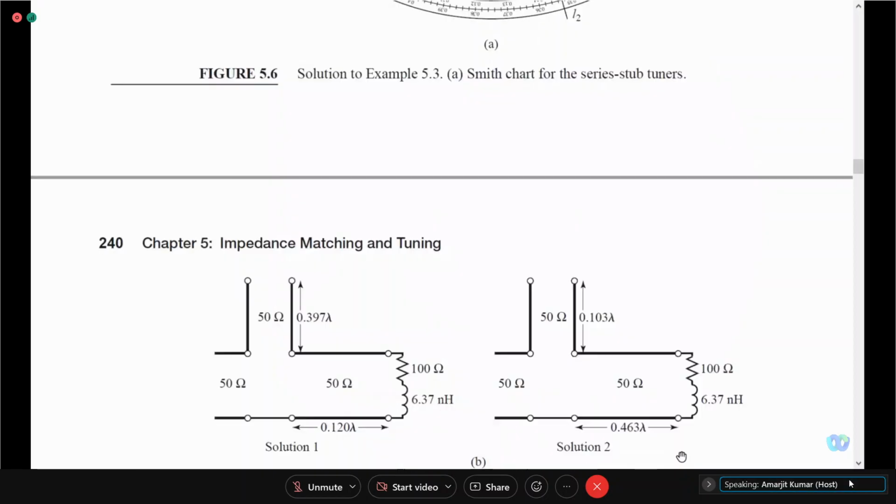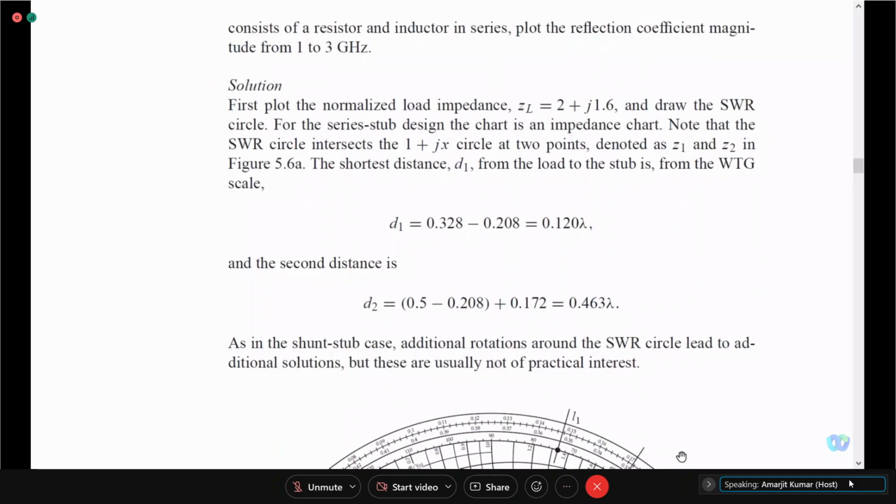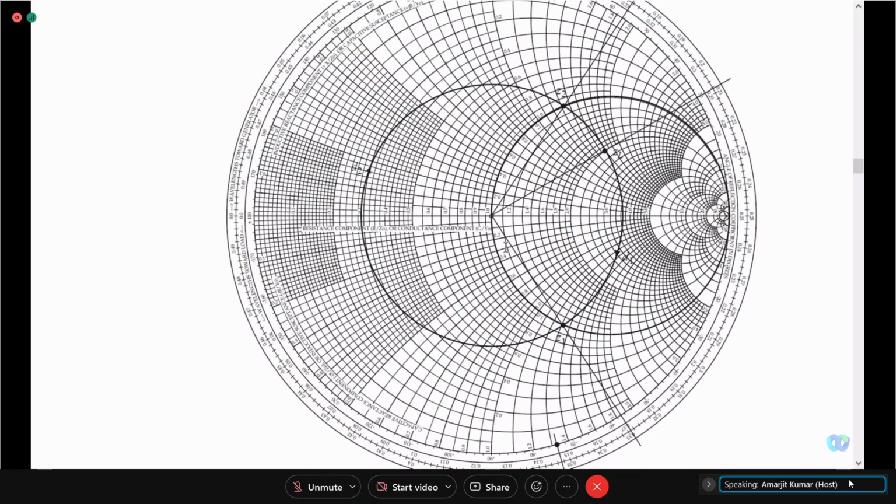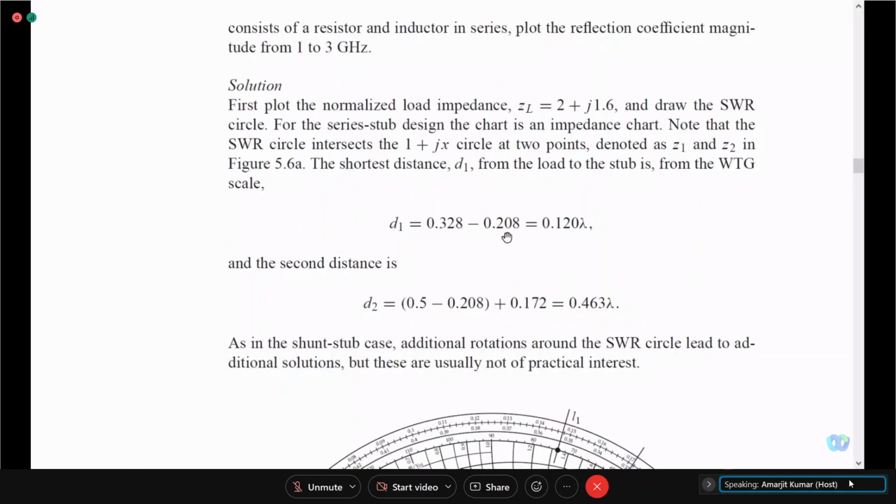So for D1, 0.329 minus 0.209 is equal to 0.12. This way you can calculate D1 and D2. Okay, D1, D2 you can calculate.